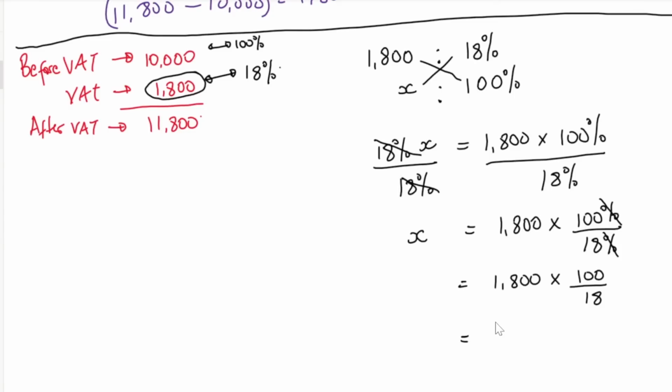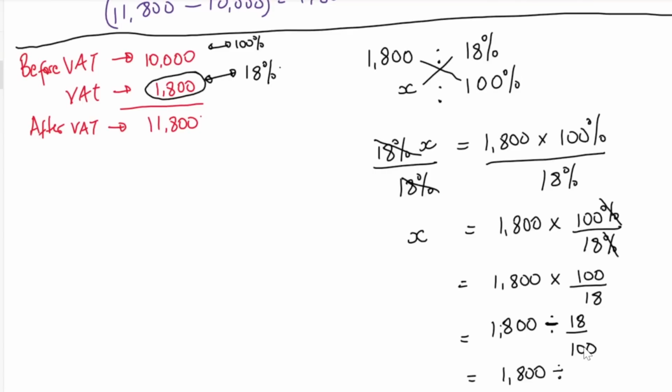I hope you remember those simple concepts. When I convert it into a division sign, this fraction is also going to flip. I'm going to write the reciprocal of this fraction, 18 over 100.